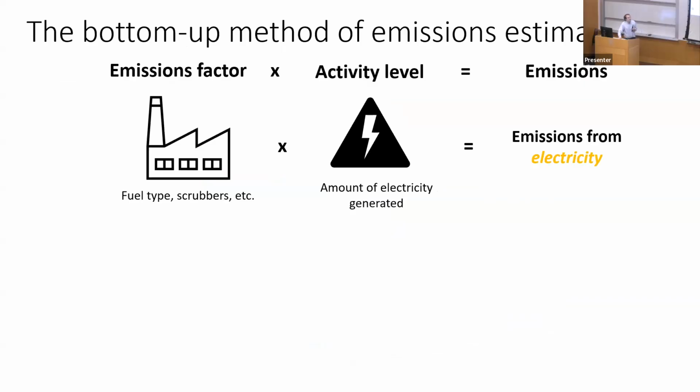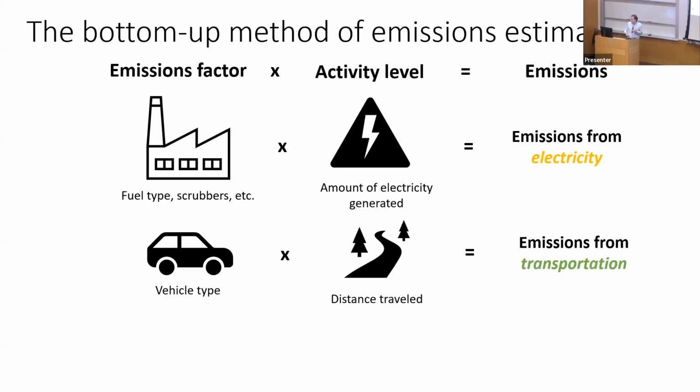So the way we put emissions into a model like GEOS-Chem is this bottom-up method, where you have some sort of emission factor. So you say that burning coal at this sort of power plant makes so much NOx per unit energy. You have an amount of electricity generated, and then you get your emissions from electricity, which you can map out based on where the power plants are. And then similarly, you can do this for transport, and then you sum this all up to get your total NOx emissions.